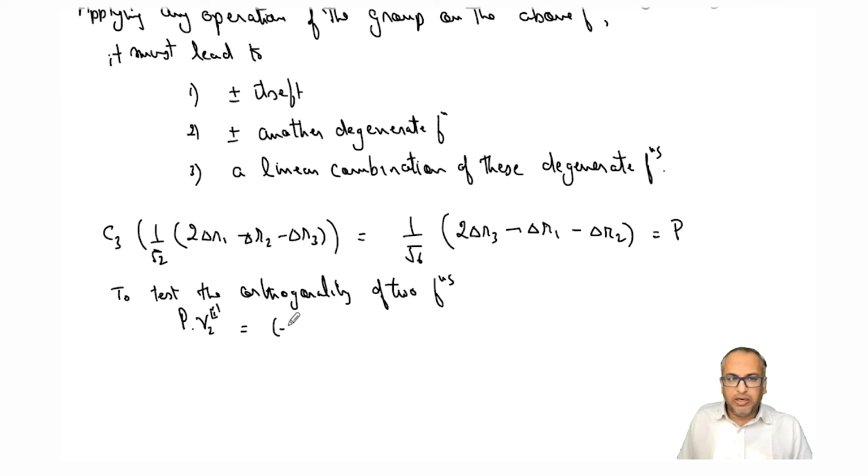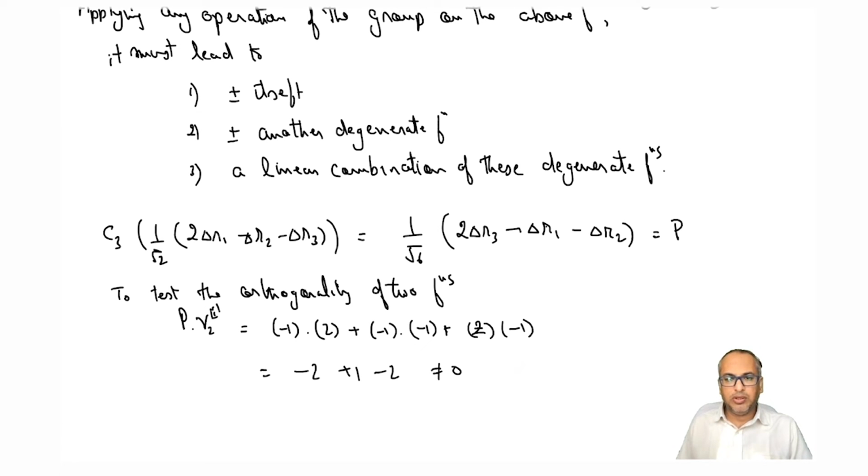So for delta R1, I have minus 1 here and 2 here, plus minus 1 here and minus 1 here, plus 2 here and minus 1 here. So this becomes minus 2 plus 1 minus 2. So this is not equal to 0. So it is not orthogonal.